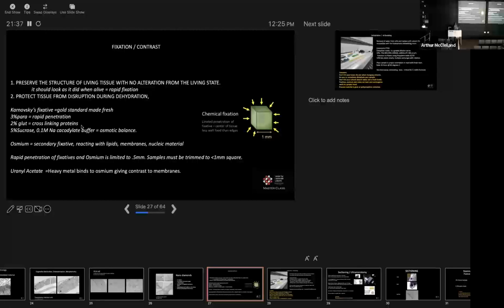So we're not going to be swelling or shrinking the cells. This Karnovsky's fixative actually dates back to George Palade's Rockefeller group. Karnovsky was one of his postdocs at the time.